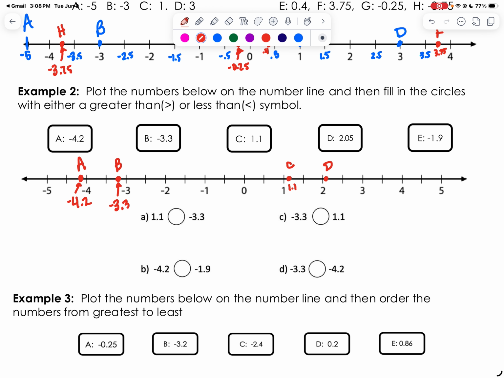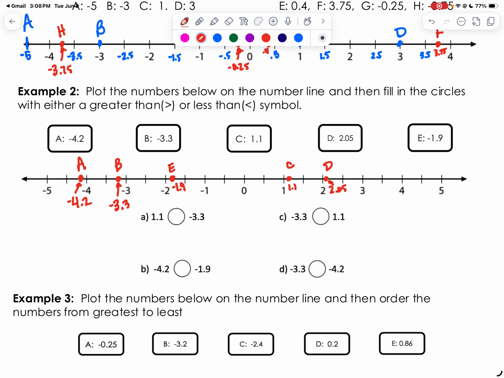That's point D, 2.05, label that. And then negative 1.9. So find negative 1 and then go to the left almost to the negative 2. So negative 1.9.